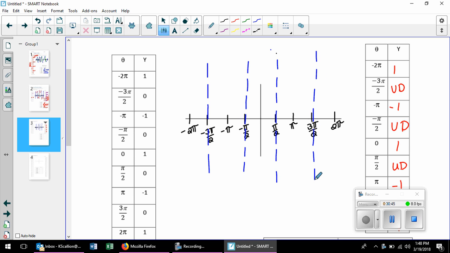So when do my asymptotes occur? Asymptotes occur every pi. They start at pi over 2.